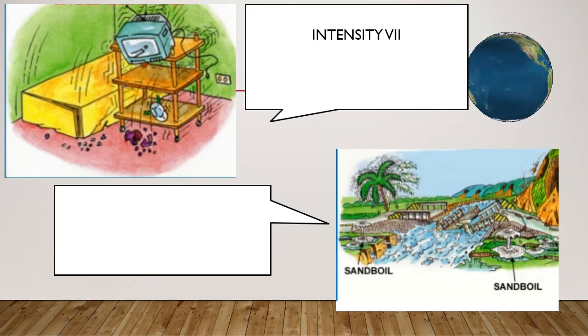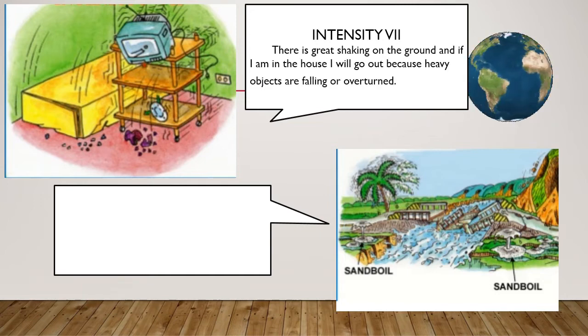Why? Because heavy objects are already falling down. And if ever I will be inside the house, I will likely go out and find an open place so that I will not be injured or get hurt.